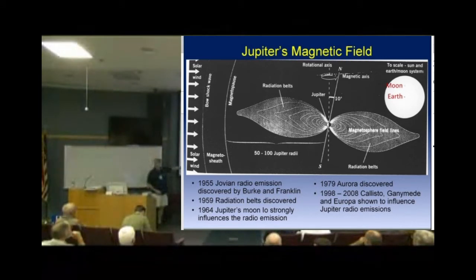And much to the chagrin of scientists at the University of Florida, the influence of the moon Io on the radio emission was discovered by, I think, an Australian, right? Is that right? Yeah. And then later, aurora was discovered by spacecraft, and smaller influences by some of the other moons came after the Galileo mission.